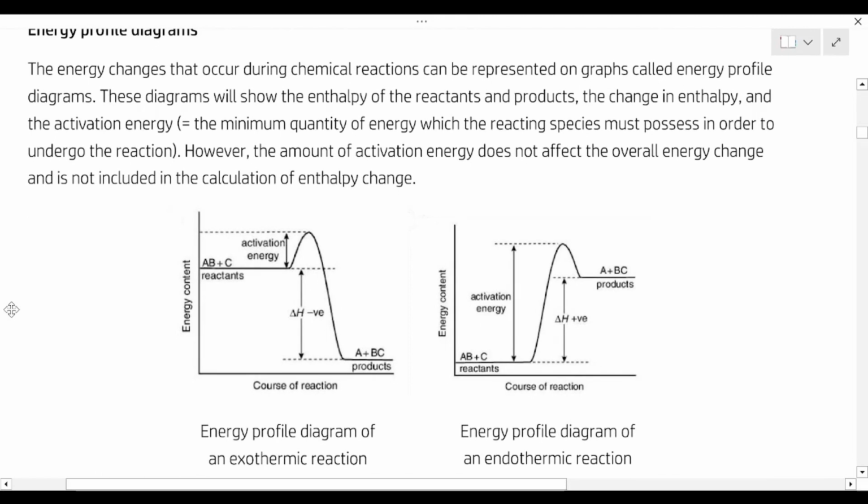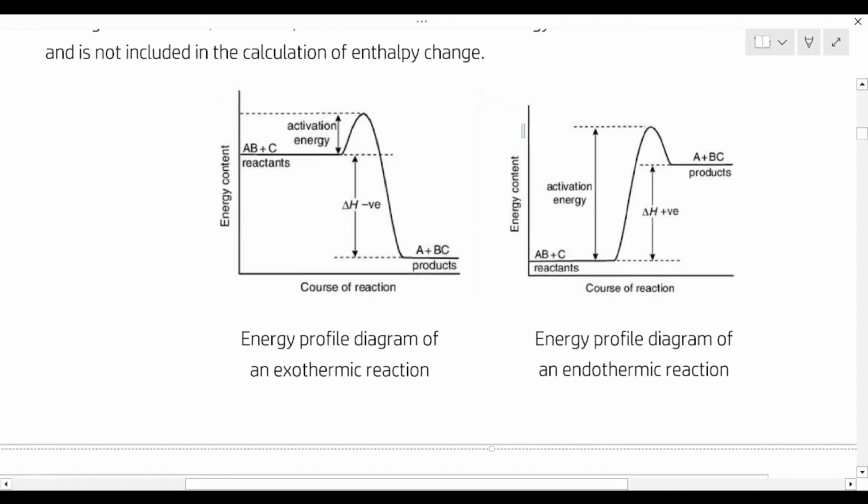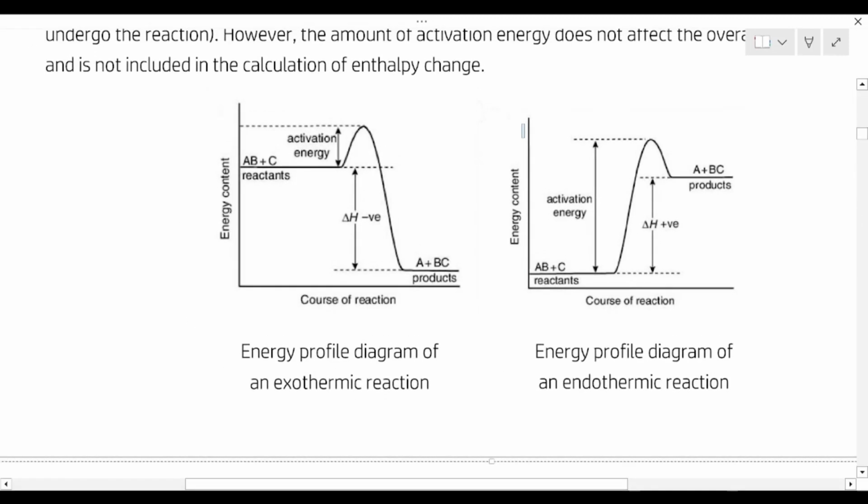It's important to note, however, that the amount of activation energy does not affect the overall energy change and so is not included in the calculation. So for the exothermic reaction, the enthalpy of the products is less than the enthalpy of the reactants. And that difference in the lines between the products and the reactants is where you're going to label your negative delta H for an exothermic reaction.